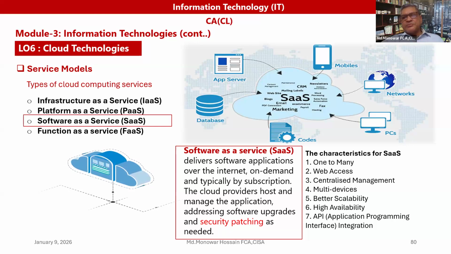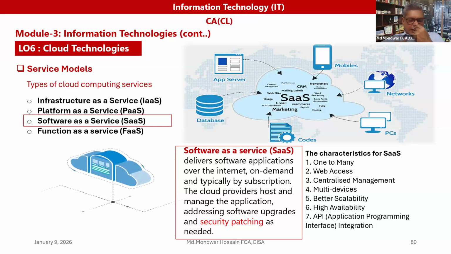We know the API. API means application programming interface. If you want to link one software to another software, you would need the source code. But through the API, one software can link with another software.